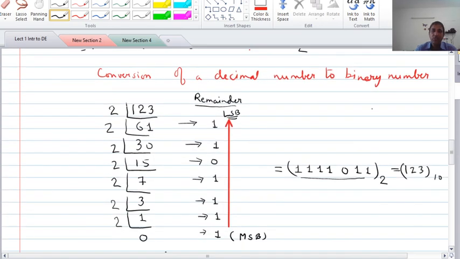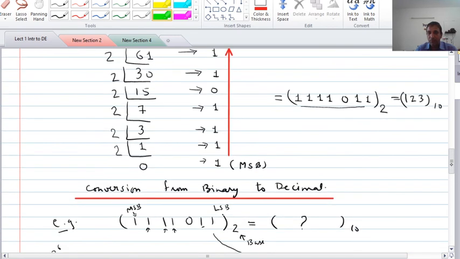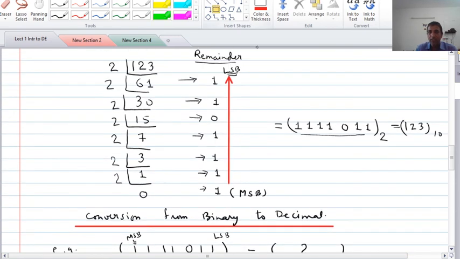We have also studied the conversion of binary to decimal and decimal to binary. Here we first studied decimal to binary number conversion, in which continuous division by 2 is required, and we have to write from bottom to top in this way so that the number is represented like this. This is your LSB, and this is your MSB.